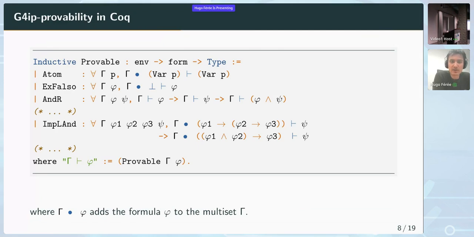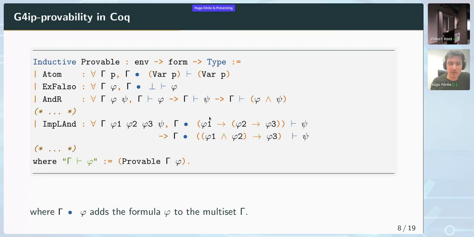Okay, so what does it look like in Coq? Very quickly, to give you a glimpse. Throughout the development, we try to stay as close as possible to the original definitions and theorems. A lot of the work is about keeping things close to the original definitions and proofs.